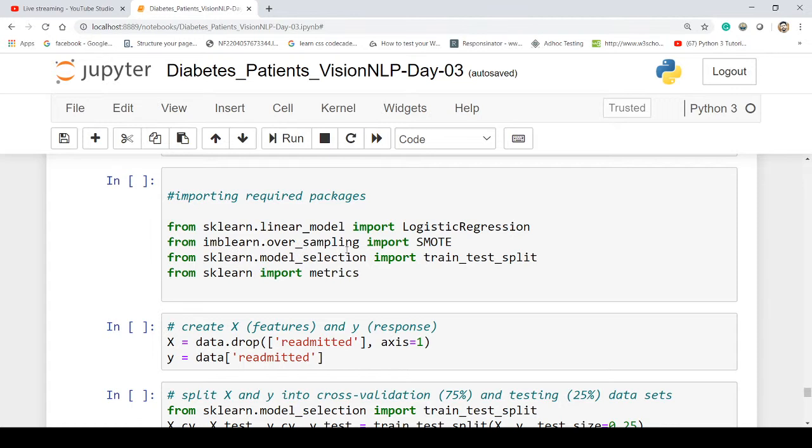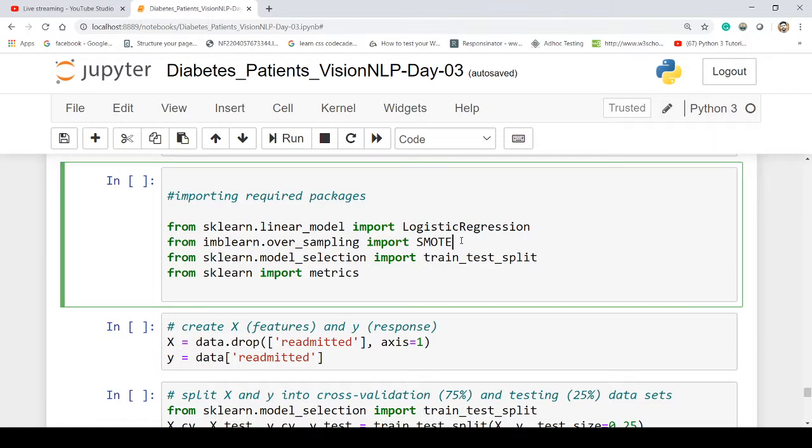Sometimes you have to use oversampling, import SMOTE. SMOTE is basically for when you have a huge class imbalance problem. Suppose I have two classes and one is 10%, the other 90%, like 10% of people are not admitted and 90% are admitted. That is a huge class imbalance problem, and in that case we use this library called SMOTE. And from sklearn model selection import train_test_split, from sklearn import metrics.